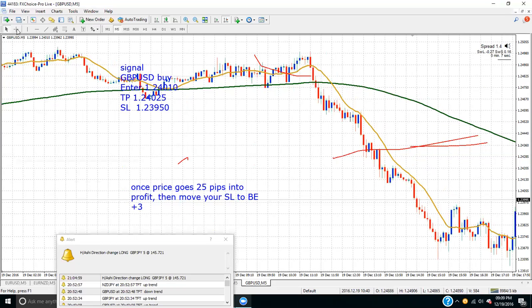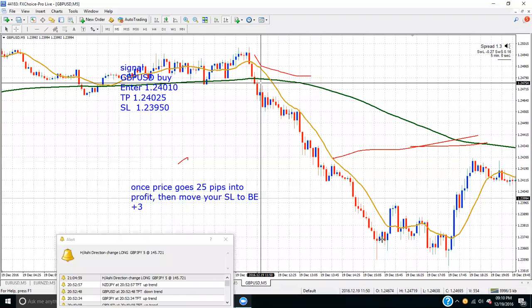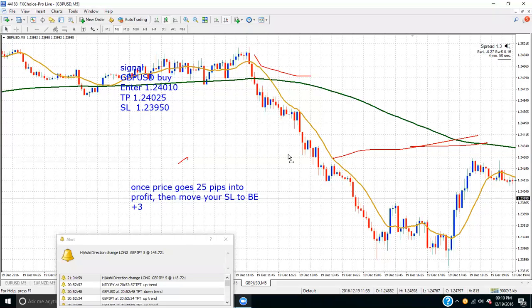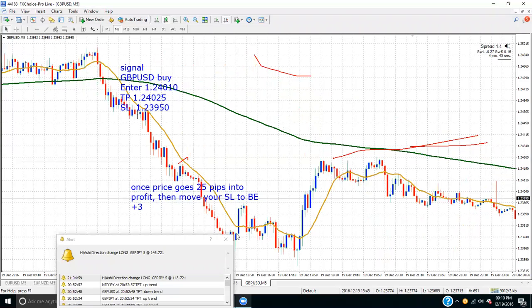When it crossed that green line, it went for 103 pips. That's all I need. It doesn't matter to me what else is going on. I can get in on a cross and make bank. And then I'm out, let it do its thing, and I wait on another cross.